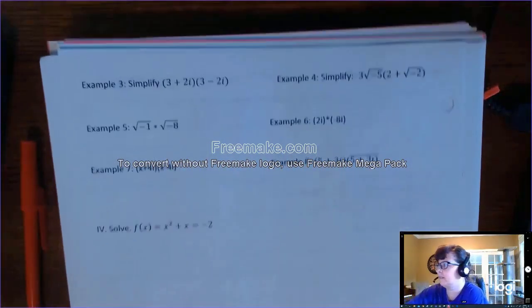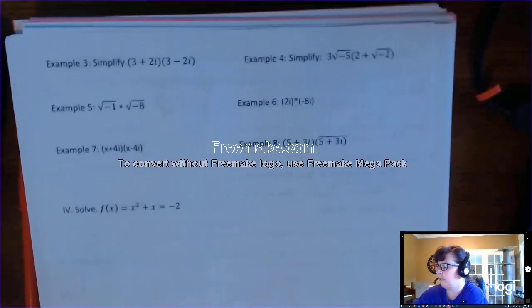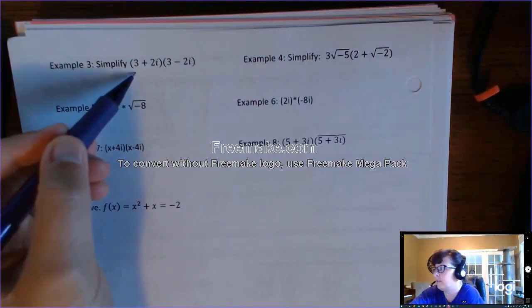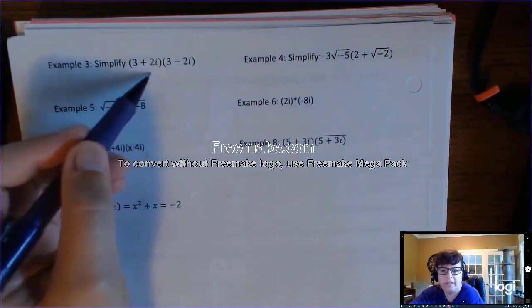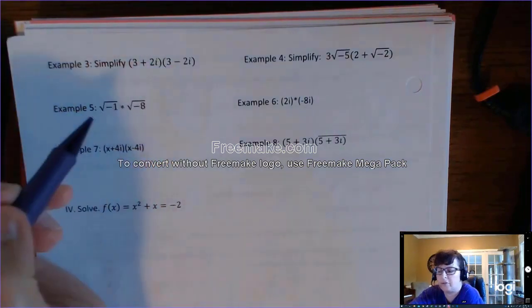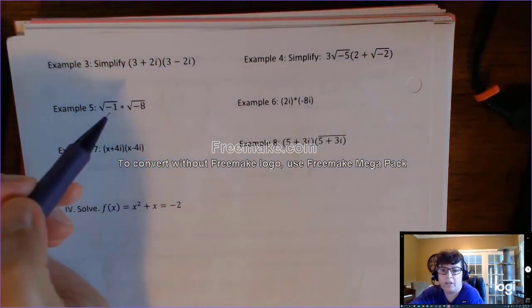Alright, now this is a special one. This is 3 plus 2i times 3 minus 2i. Do you remember what these are called? These are conjugates of each other. So what happens when you multiply two conjugates together?